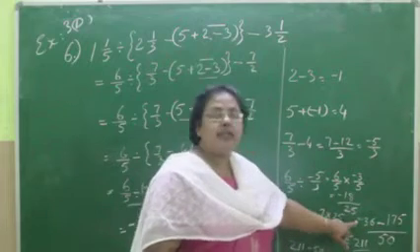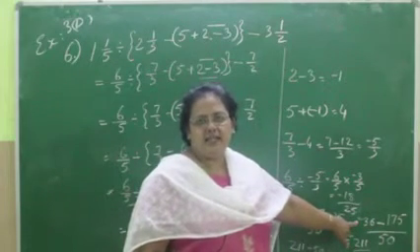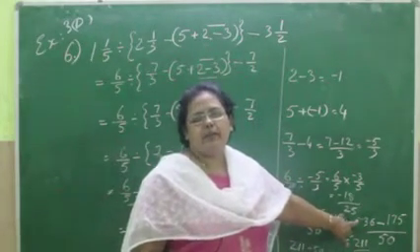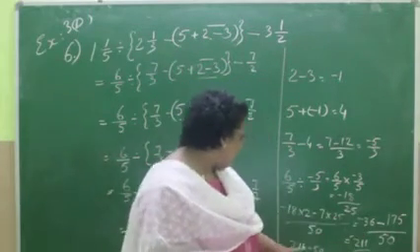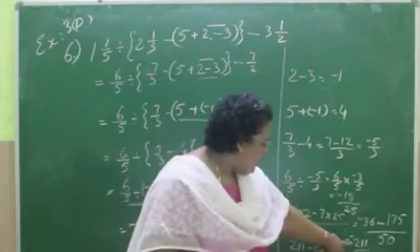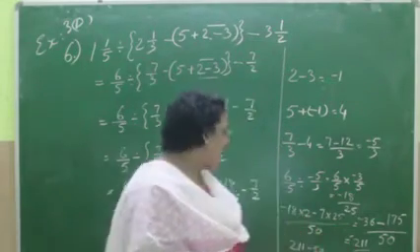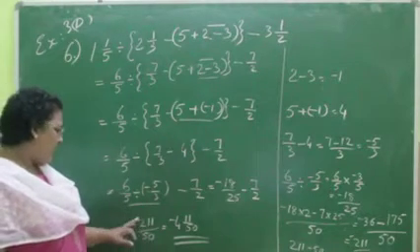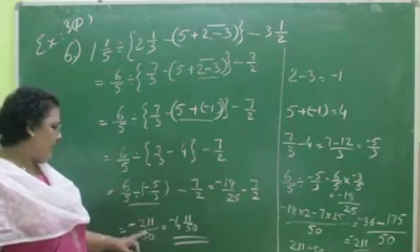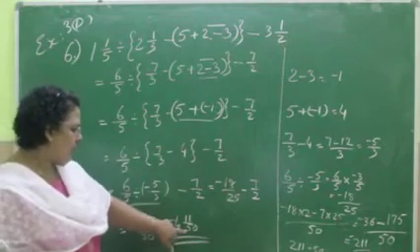Two signs, they are negative signs, minus signs are coming. So if two numbers having minus signs, what you will do? You will be adding it. So that negative 211 by 50 you got. So I wrote it here, negative 211 by 50. And then again we divided this 211 by 50, we got the answer as 4 11 by 50.